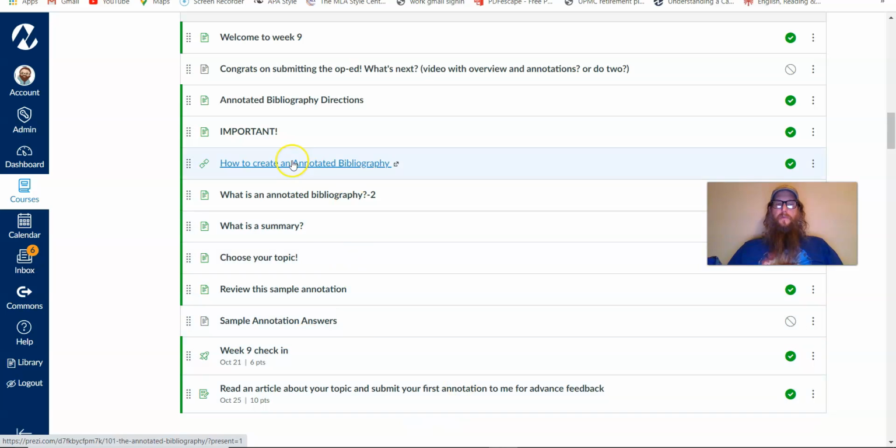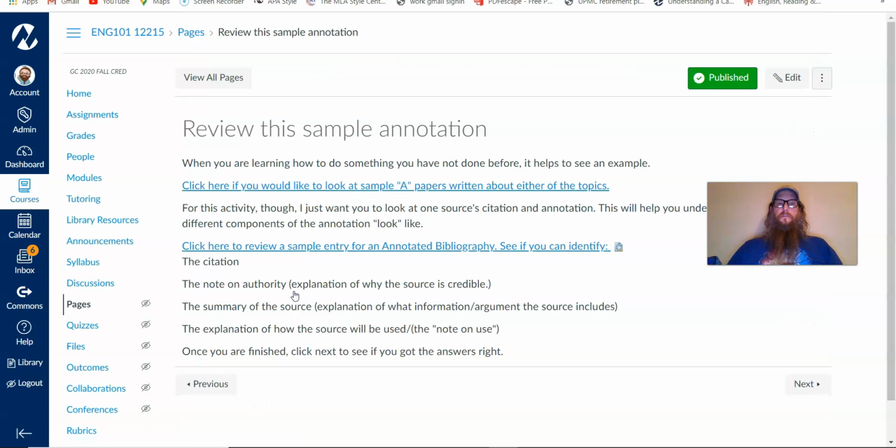Because as I talk about what goes in the different parts of the sample annotation, that's going to make a lot more sense if you've already read this, because the whole idea here is that when you sit down and go to do the homework and try to create an annotation for the source that I'm actually just going to give you, you'll have a better idea of how to do that by looking at an example from another student who's done it quite well, right? So let's go ahead and get into this.